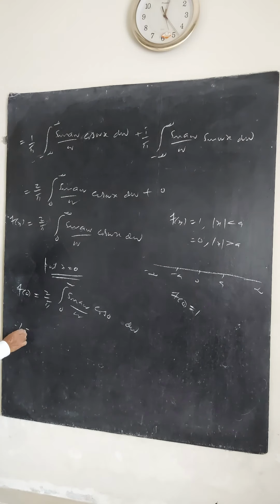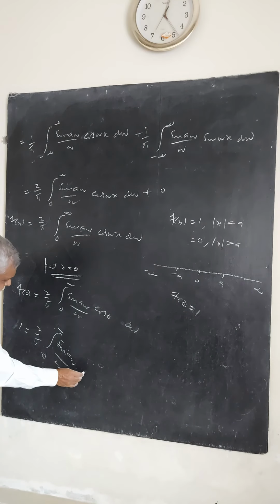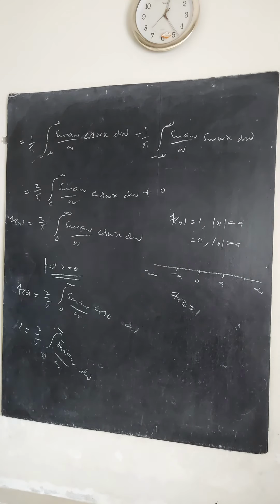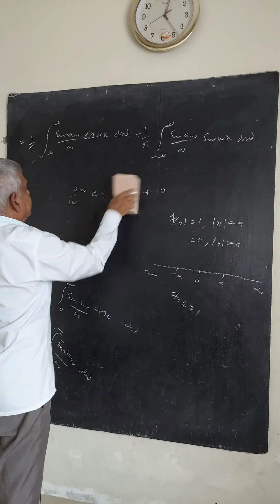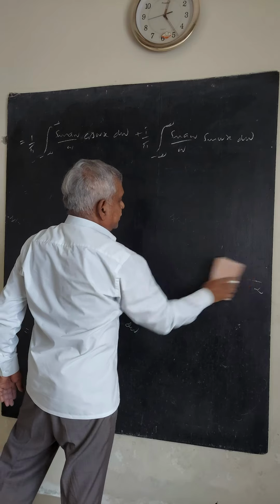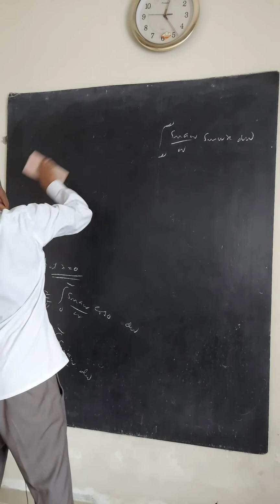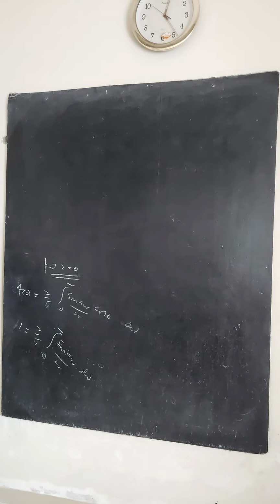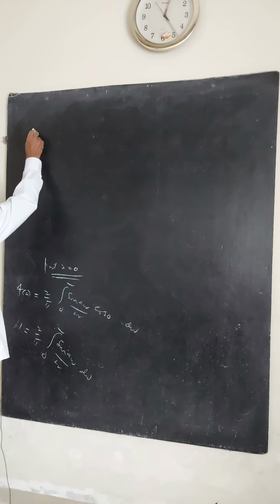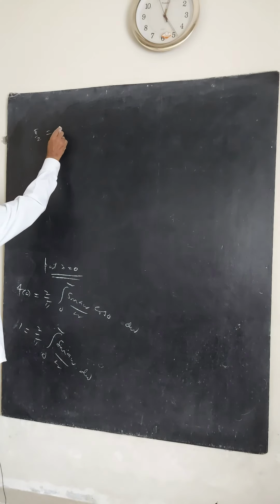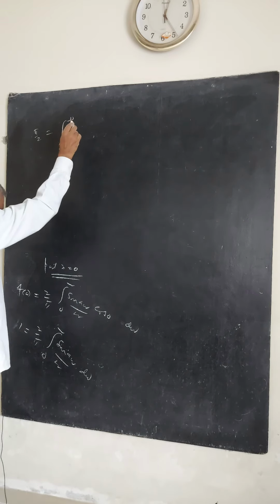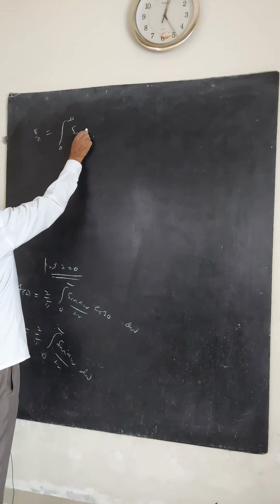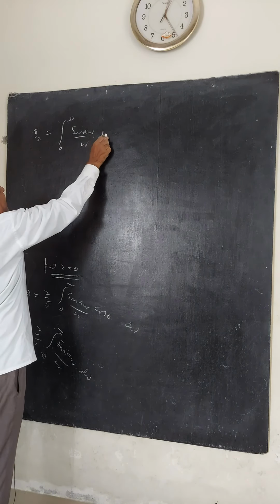f of 0 is 1, equal to 2 by pi, 0 to infinity, sin a omega by omega, cos 0 is 1, d omega. Cross-multiplying, pi by 2 equals 0 to infinity sin a omega by omega d omega.